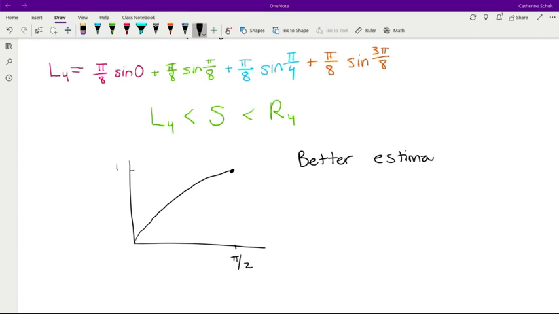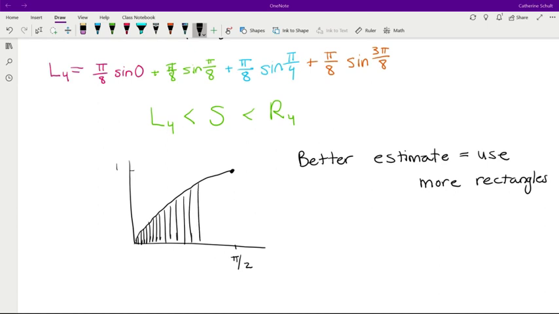We would get a better estimate. So that's where we're going with this limit idea. We're just going to keep on creating more and more rectangles to get a better estimate of the area under a curve. All right, that's not even 100, but you guys get the gist.